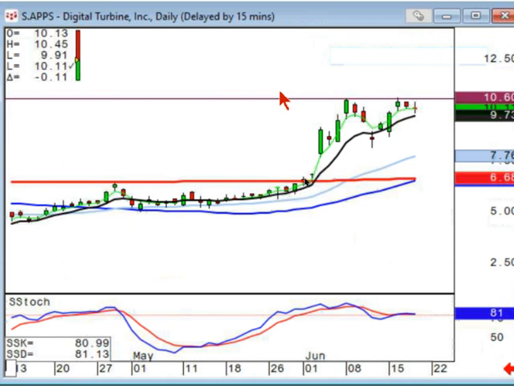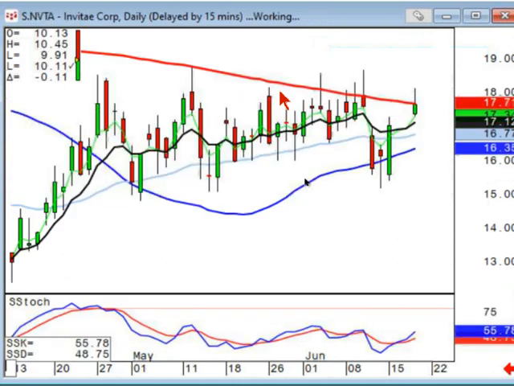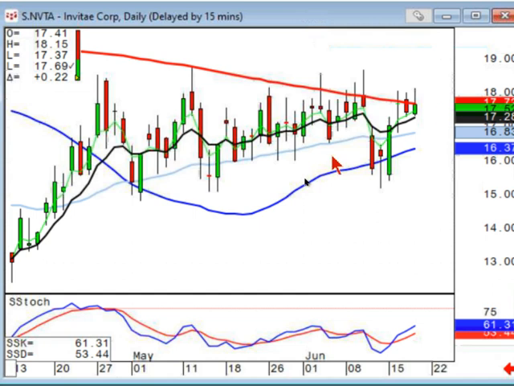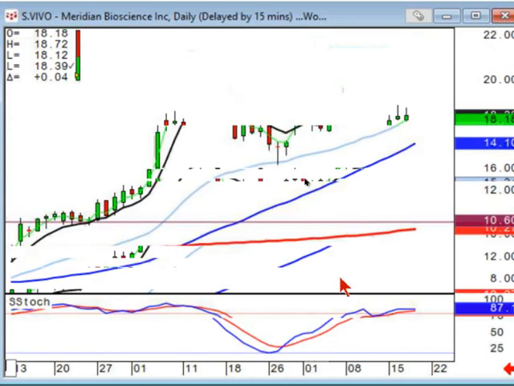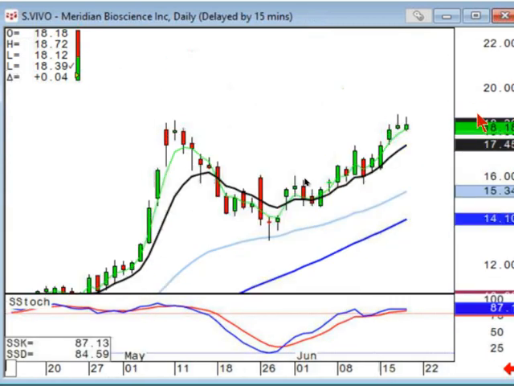Oh, I've kept us way over time, and we're not even through the ones that we've recommended. NVTA. That still hasn't broken out. Yeah, it had broken out earlier. And Vivo. There's your fry pan bottom. Look where it is, right smack dab at that level.